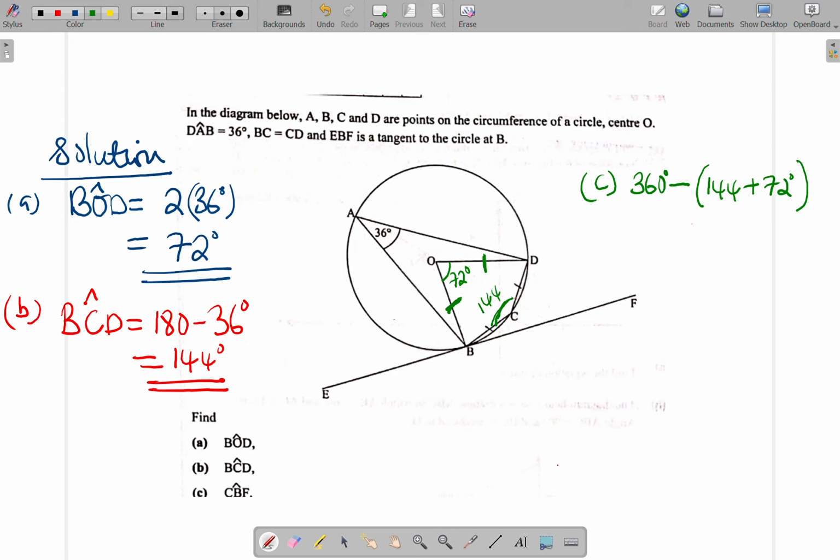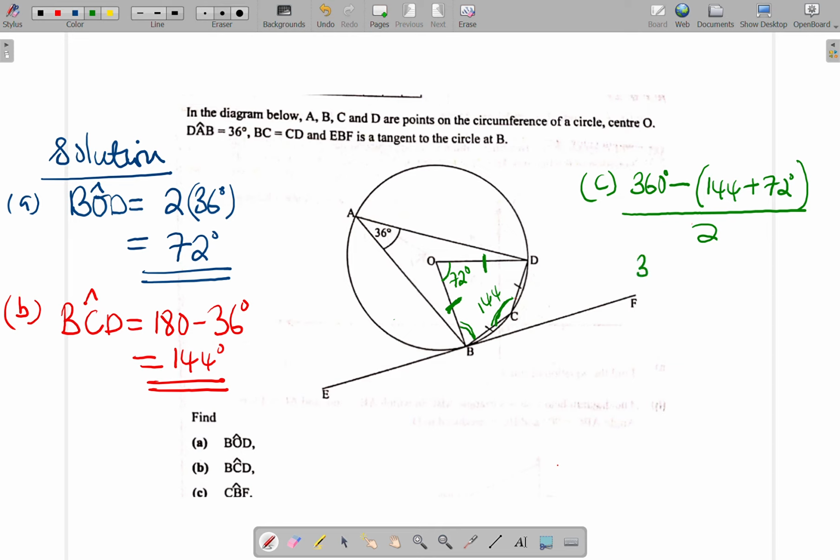What we're trying to find is the angle there. So I'll simply say divided by 2. So 144 plus 72, I'm going to have 216.